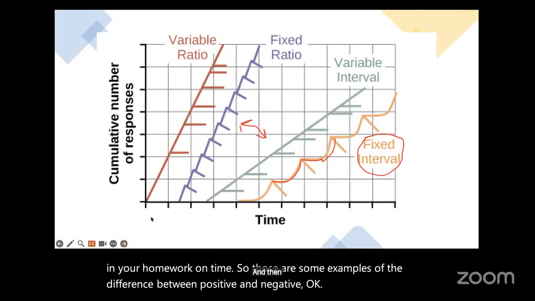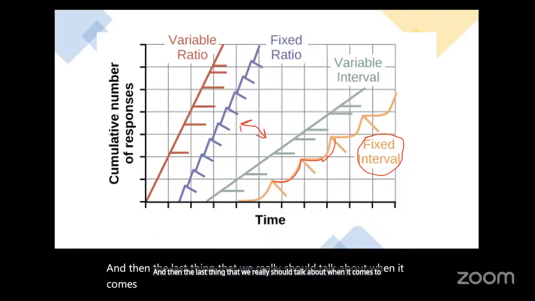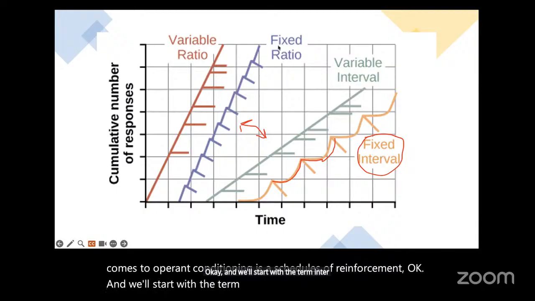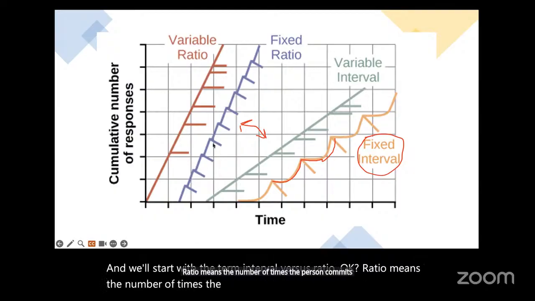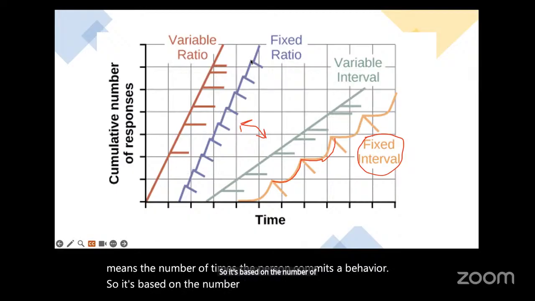And then the last thing that we really should talk about when it comes to operant conditioning is schedules of reinforcement. Okay. And we'll start with the term interval versus ratio. Okay. Ratio means the number of times the person commits a behavior. So it's based on the number of times someone does something.